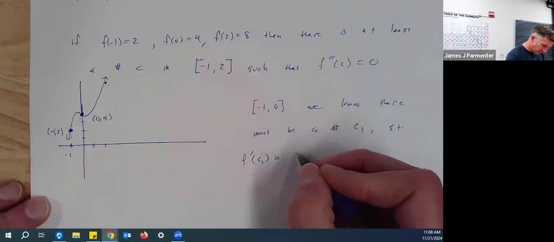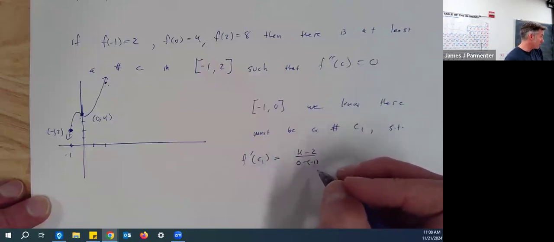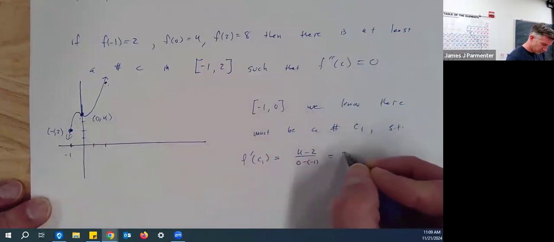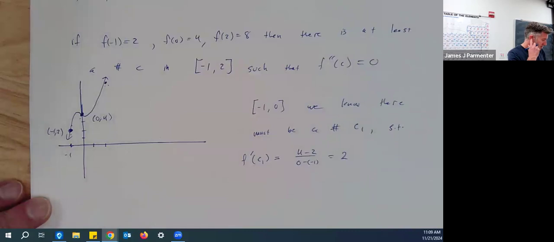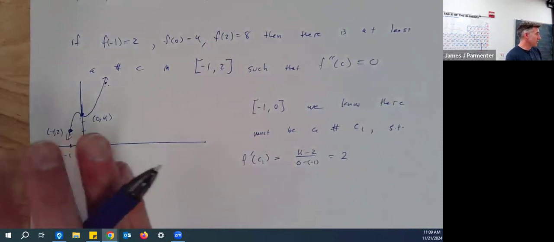That's 4 minus 2 over 0 minus -1, or you can just see the slope is 2: you're going over 1 and up 2. So there's got to be a place somewhere between -1 and 0 where the slope of the tangent line is 2.